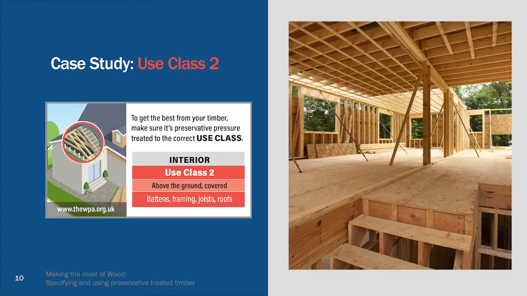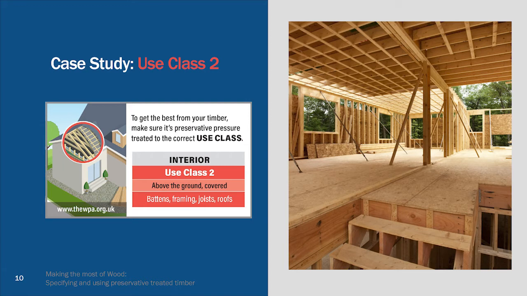Use class 2 is for end uses where wood is used indoors, above ground and within the building envelope, but with an occasional risk of wetting, for example from condensation in or around the insulation in a cold roof space. While the risk of failure in service as a result of decay or insect attack in use class 2 applications may be relatively low, the cost and difficulty of remedial work on such structural timbers may be significant.